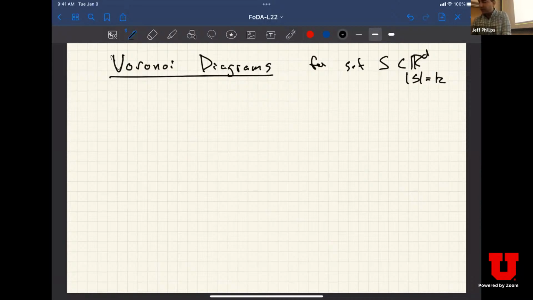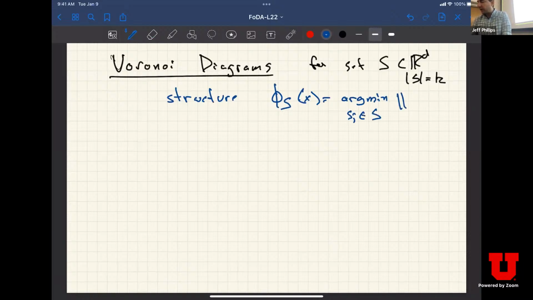And this is basically the structure of phi of S, which is going to be the arg min over S_j in S of the distance from x to S_j. Okay.